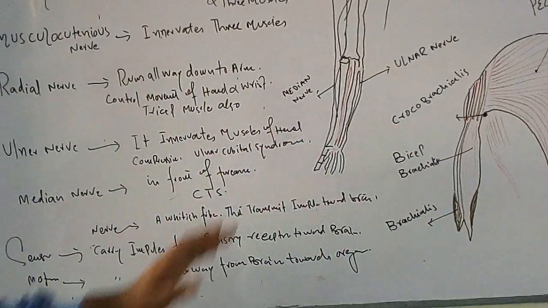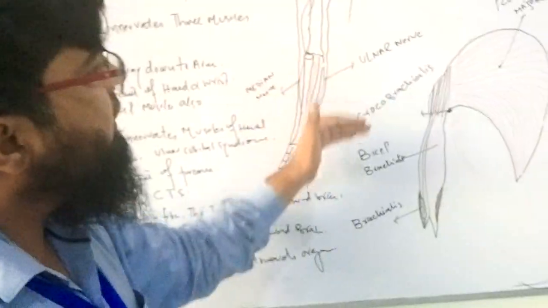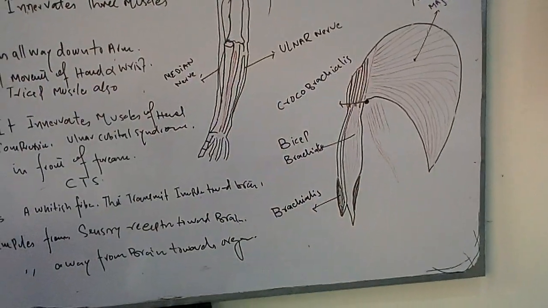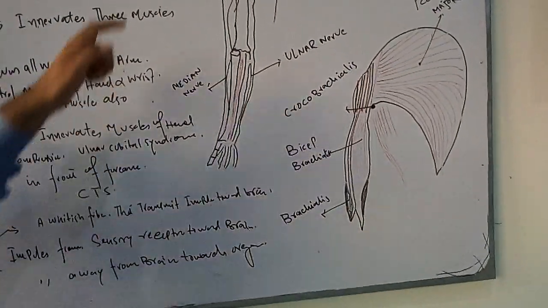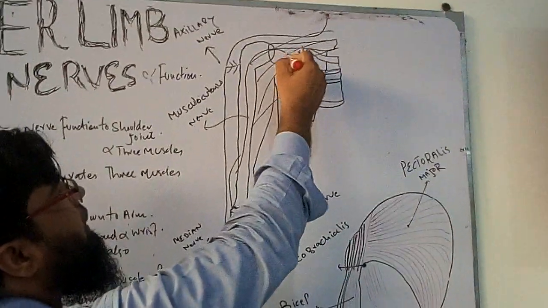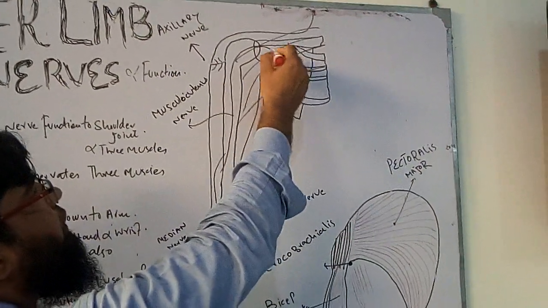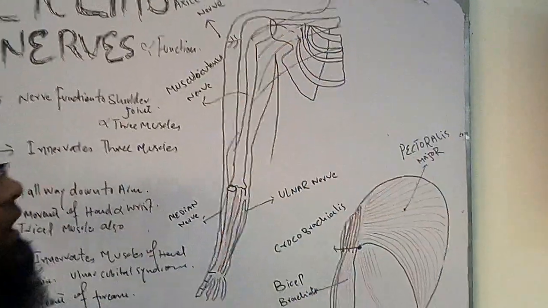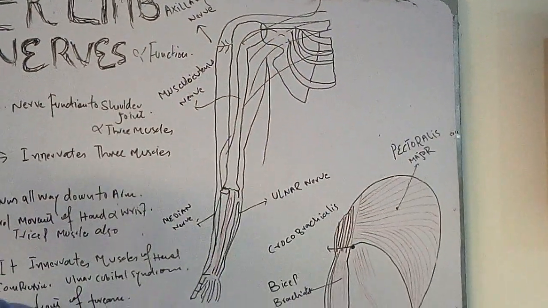Now, after discussing these two things, one more important thing we can discuss here. If you look at the middle of your shoulder, there is a point called the rotator cuff.